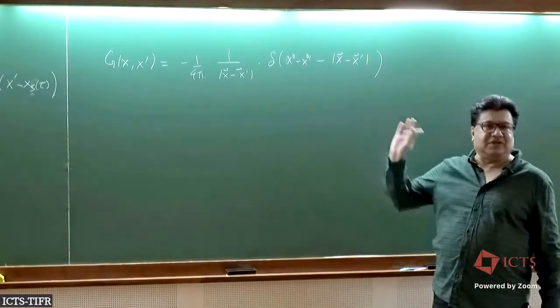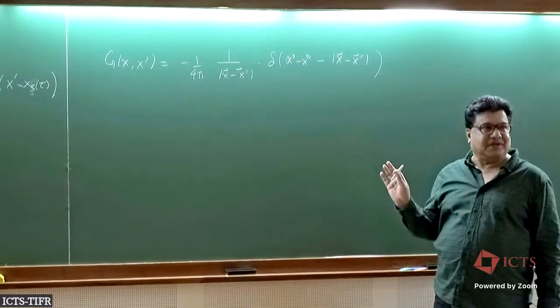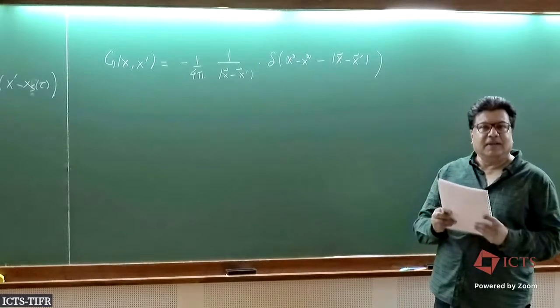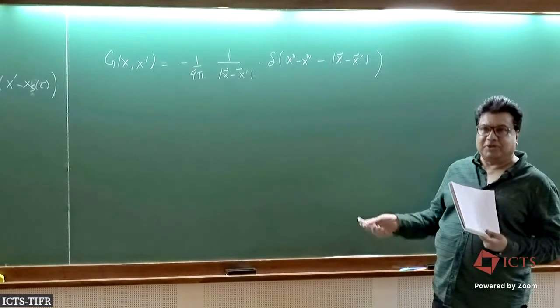So this Green's function is exact. This was not a non-relativistic Green's function. This was a proper Green's function for this box operator. Okay. And then we had taken non-relativistic approximations later.